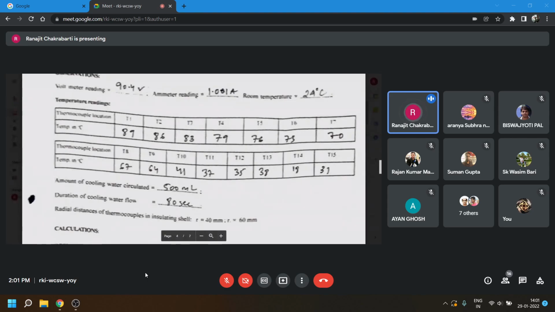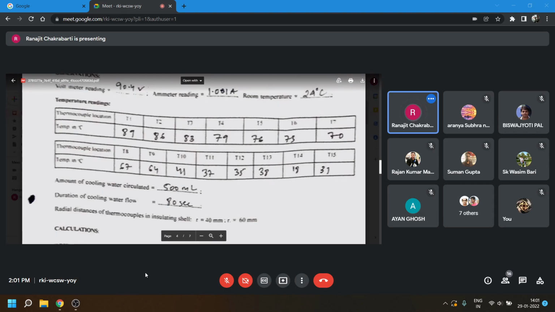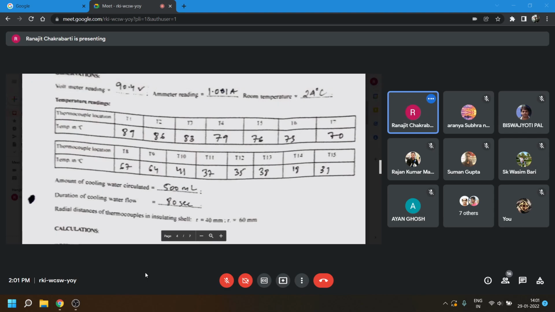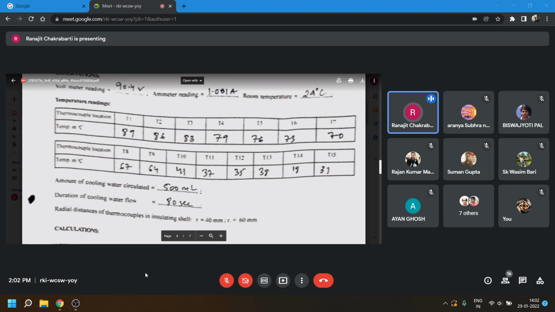Amount of cooling water circulated is 500 ml, and duration of cooling water flow is 80 seconds. 500 ml, multiplying by the density, you can get the mass. So half a liter per 80 seconds, you can say, mass flow rate also you can find out of water. The radial distance of thermocouples in insulating shell R I is equal to 40 mm, and R O is 60 mm. So with all this you can now make the calculations.